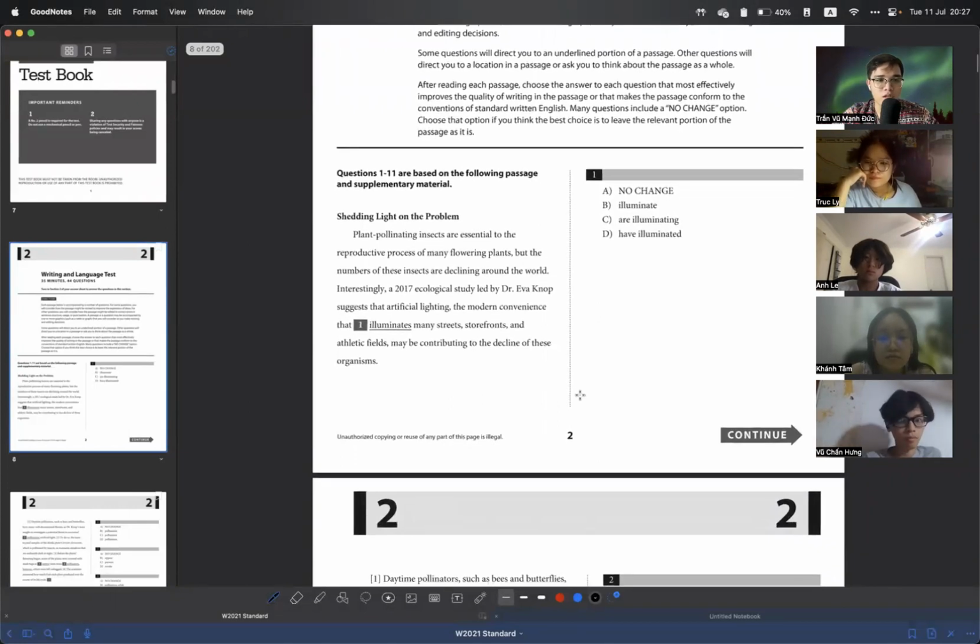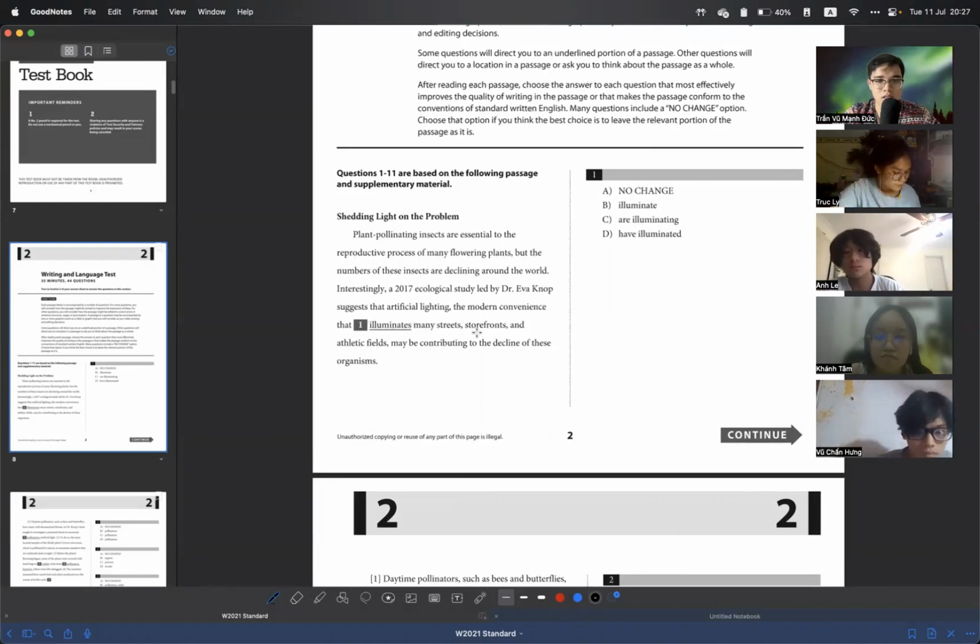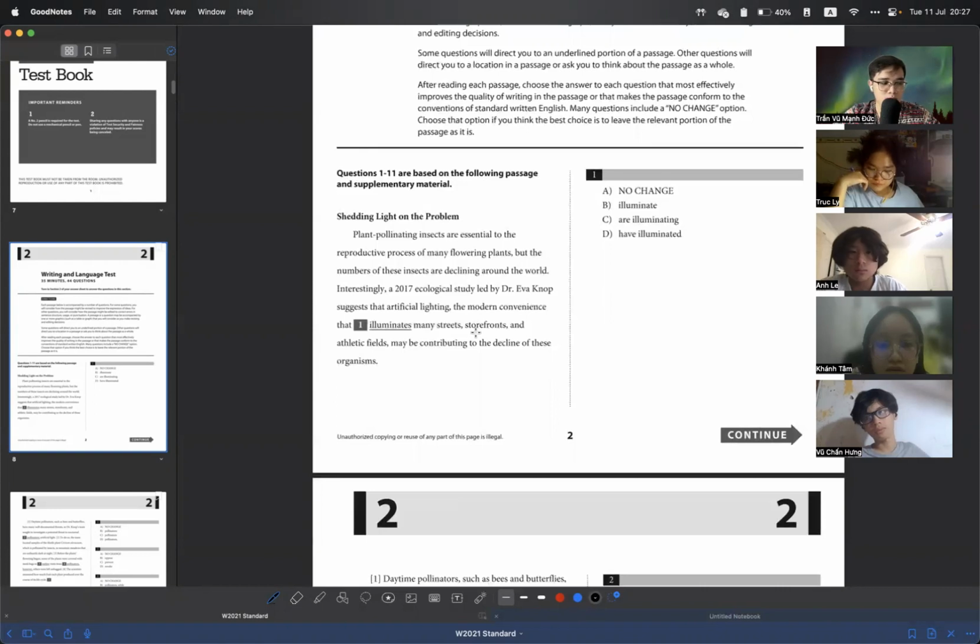Dr. Evan Knopp suggests that artificial lighting, the modern convenience that illuminates many streets, storefronts, and athletic fields, may be contributing to the decline of these organisms. Can you tell me what the answer is, Tâm? The answer to the first one?